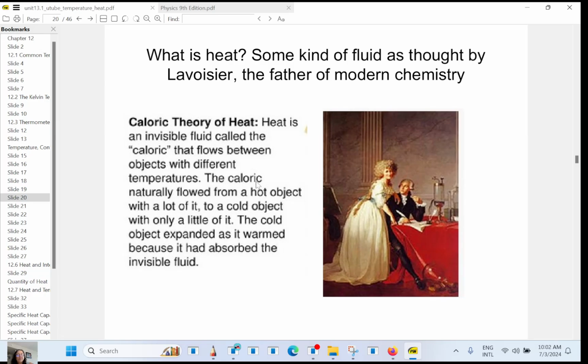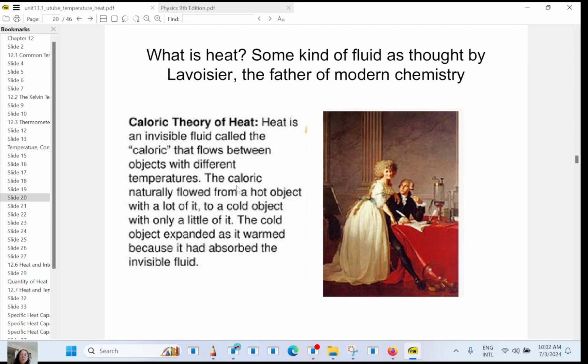So for example, if you have a candle burning, that liquid was inside the candle, and when you burn the candle, that invisible liquid will flow in the air, and then the candle stops burning because it will run out of that liquid.